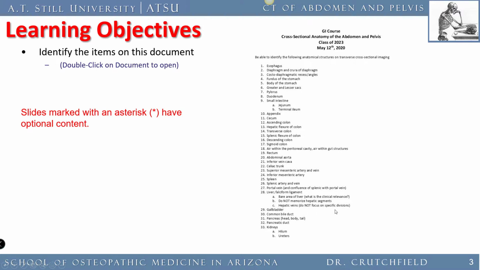It's not that I necessarily want you to ignore the hepatic veins. They're just not an absolute priority. And please do not memorize the hepatic segments. Again, we'll go through those. You need to know that these segments exist, what they are, and where they are, but you don't need to know that on rote recall instant memory.